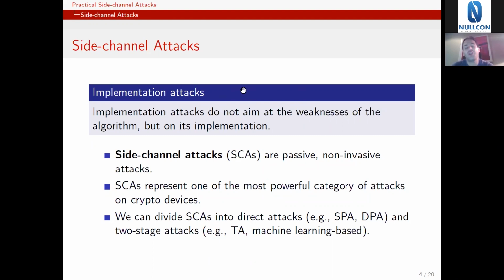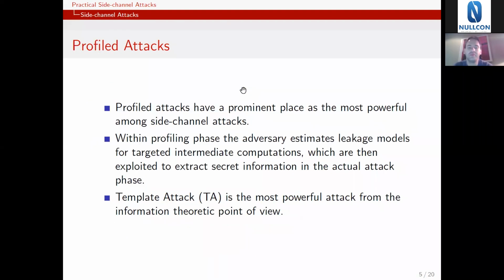Side channel attacks we can divide into direct attacks or non-profiled attacks, like simple power analysis and differential power analysis, and two-stage attacks like template attack or various machine learning-based attacks. Profiled attacks have a quite prominent place when we talk about side channel attacks, because in many scenarios those attacks are the most powerful ones. How do they work?